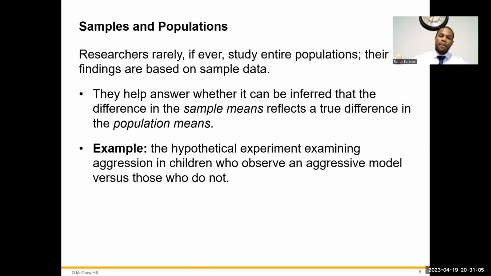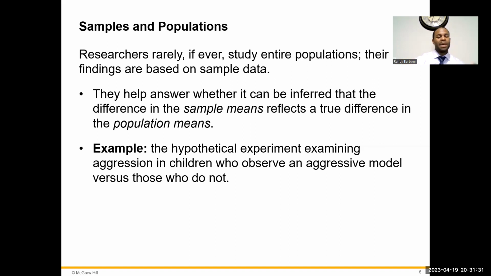Okay. So, just hypothetically, we talked about the experiment where we had groups of students who were observing a model participating in some aggressive behavior. And what they saw was those who had an aggressive model versus those who didn't, the acts of aggression were higher in those students who had an aggressive model versus those who didn't. And again, they took a sample of students, right?